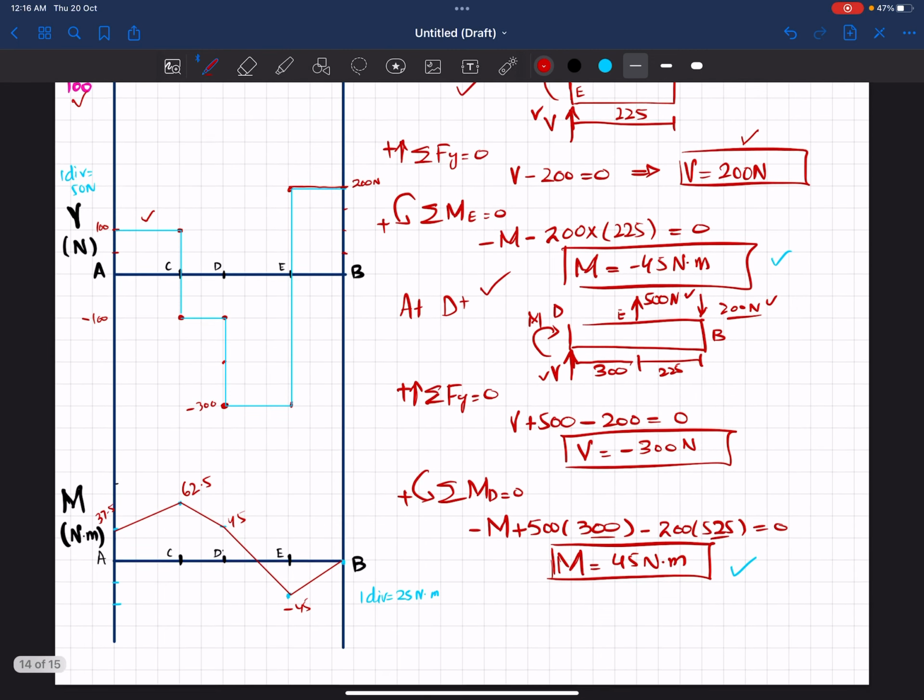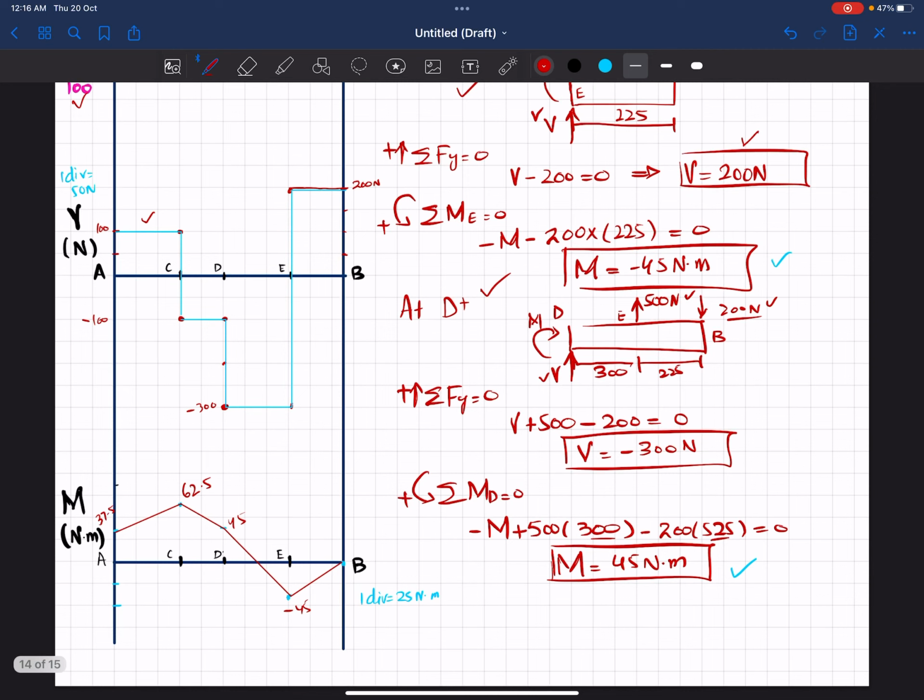Now in the second part it has been asked to find the maximum absolute value of shear and bending moment. From the shear force diagram, you can see the maximum value of shear force is 300 Newton, and from the bending moment diagram the maximum absolute value of bending moment is 62.5 Newton meter.